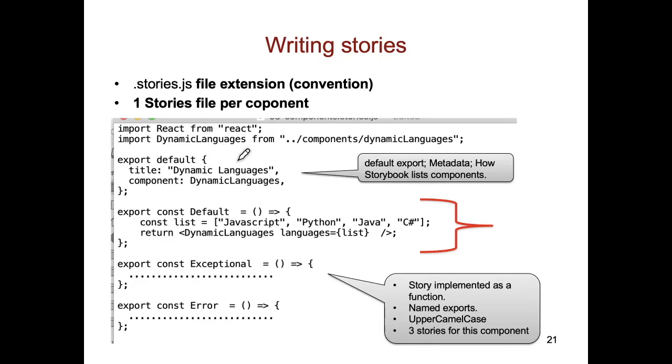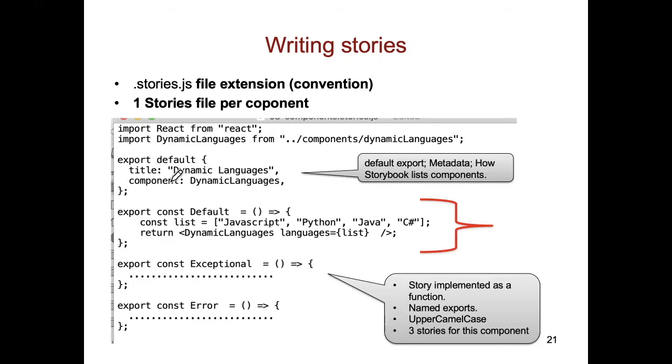So the first thing you've got to do is declare a default export, and the default export has to be an object. This is prescribed by Storybook. That object has to have a key called title and a key called component. Title is assigned a string, and typically you would put in here the name of the component in just English, doesn't have to match the actual component name.